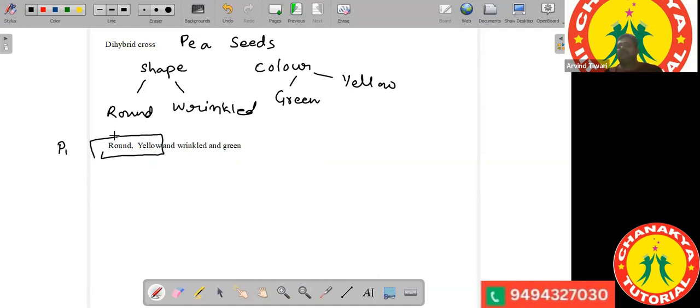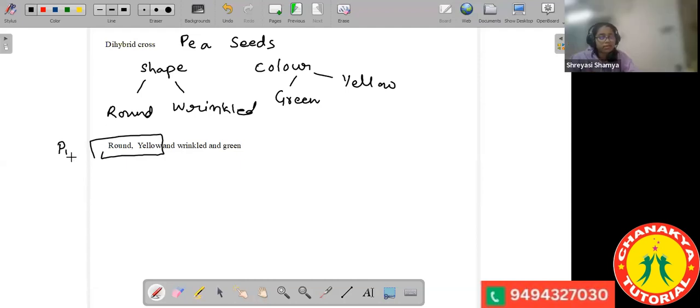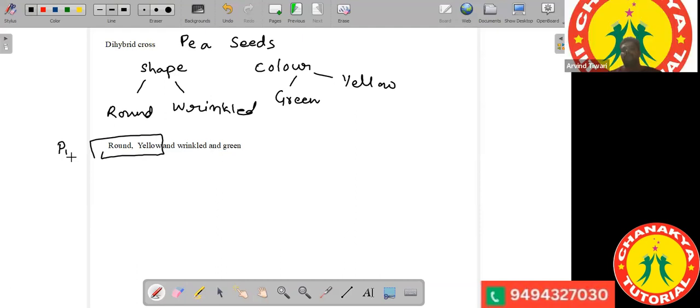Sir, I have a doubt. Why do we consider yellow color as a dominant color for pea seeds? Because mostly we see the pea seeds are green in color, almost everywhere. Okay. See, your first question, why we consider them to be dominant? We consider them dominant as the result of the first generation.